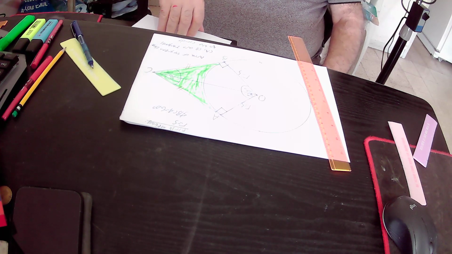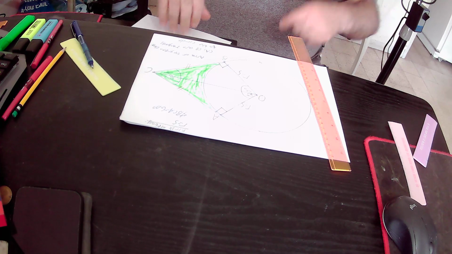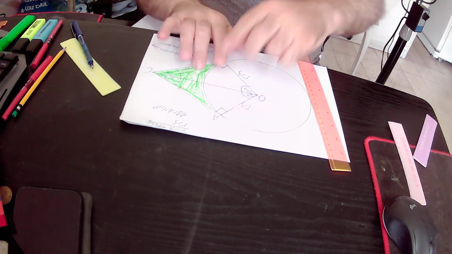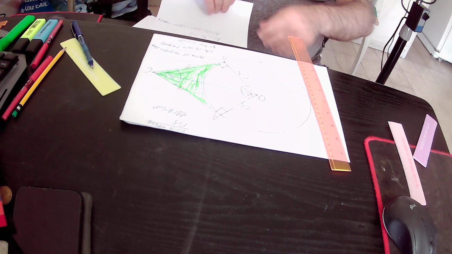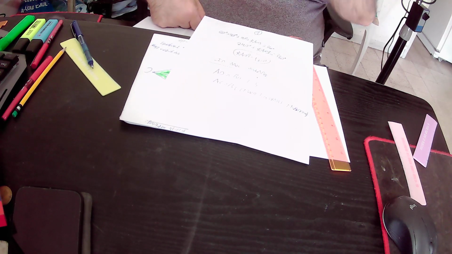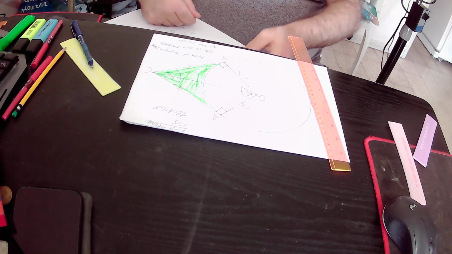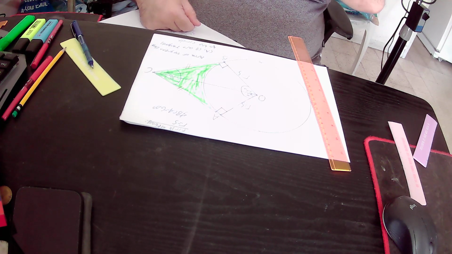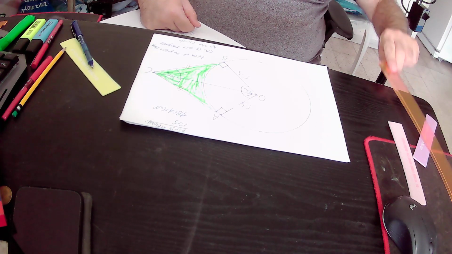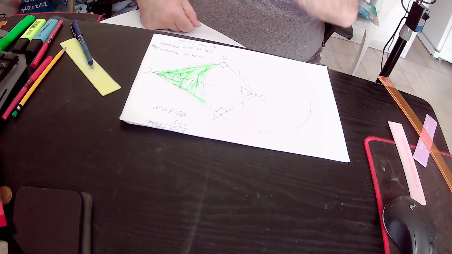Okay, we will return to those two triangles. We proved two sides of those two triangles are equal to each other: AO equals BO, AC equals BC according to the two tangents theorem. And we also know that OC is a common side. It belongs to both triangles, triangle AOC and triangle BOC.